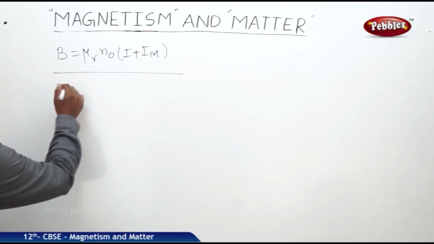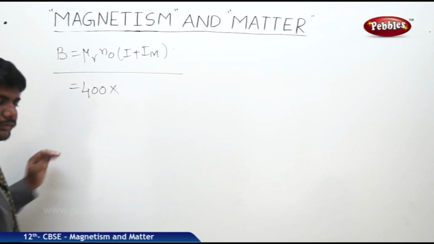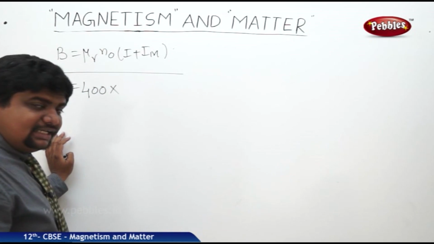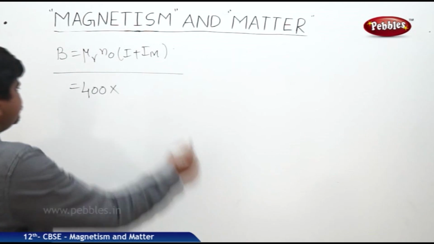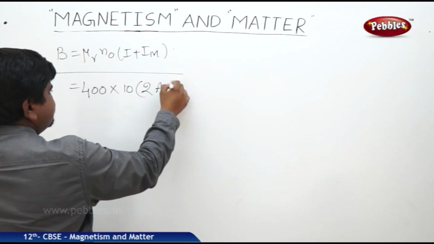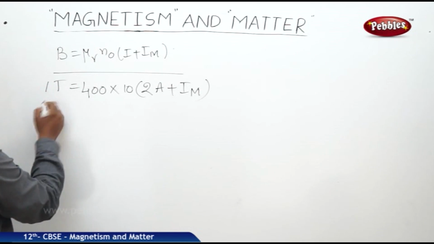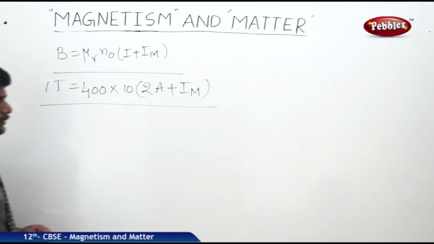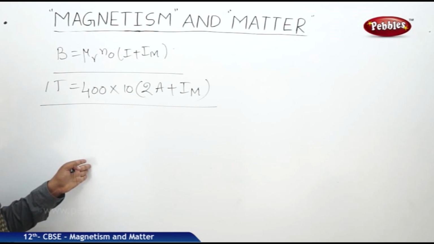We know that mu r is 400, n is equal to 1000 per meter, and mu naught n is equal to 10 to the power of minus 7 times 4 pi times 1000. I is equal to 2 amperes plus Im, and B is equal to 1 Tesla. From this we can write 2 amperes plus Im is equal to 1 by 4000.